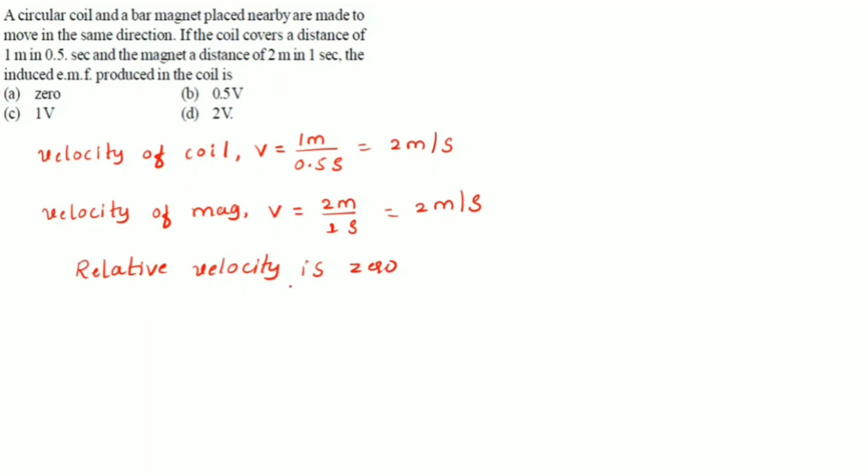So when relative velocity is 0, that indicates there is no induced EMF, or induced EMF is 0. That means when velocity is 0, that indicates both coil and magnet are at rest. So induced EMF is 0 because magnetic flux does not change. So the right answer is 0. That is option A.